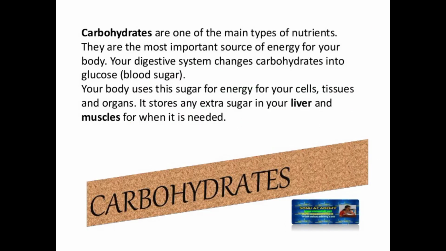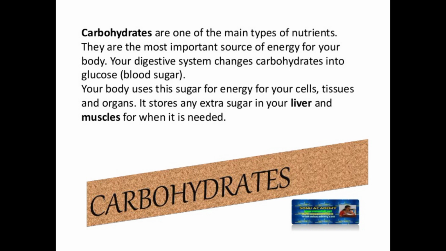Fine. So what are carbohydrates? Carbohydrates are one of the main types of nutrients found in the food that we consume. Remember that they are a rich source of energy. Our digestive system changes carbohydrates into glucose or blood sugar.